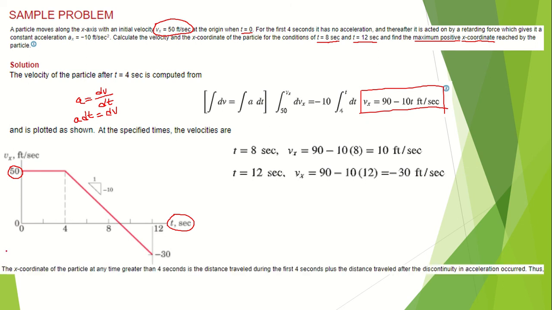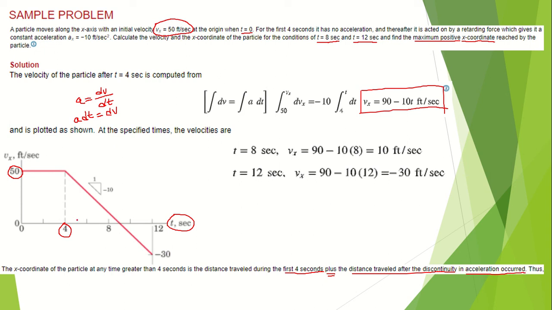Okay? So the x-coordinate of the particle at any time greater than 4 seconds, where this is our time equal to 4 seconds, is the distance traveled during the first 4 seconds, plus the distance traveled after the discontinuity in acceleration occurred.